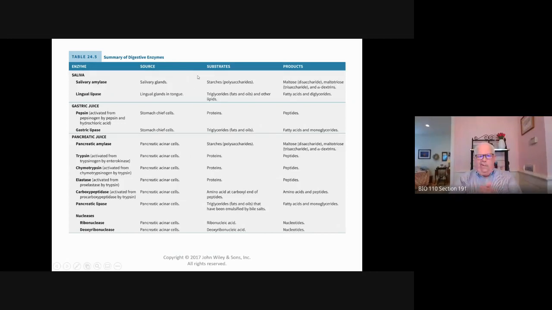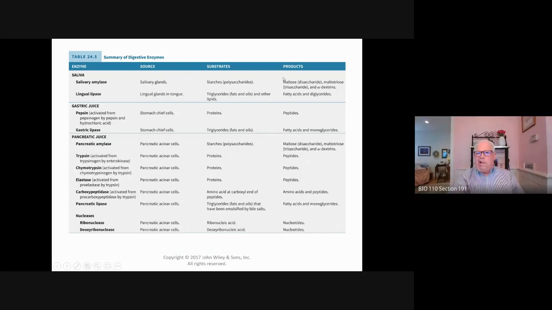This is a great review. Saliva. Remember, chemical digestion takes place in the mouth. So does mechanical digestion. The salivary glands produce amylase. Amylase degrades starch.